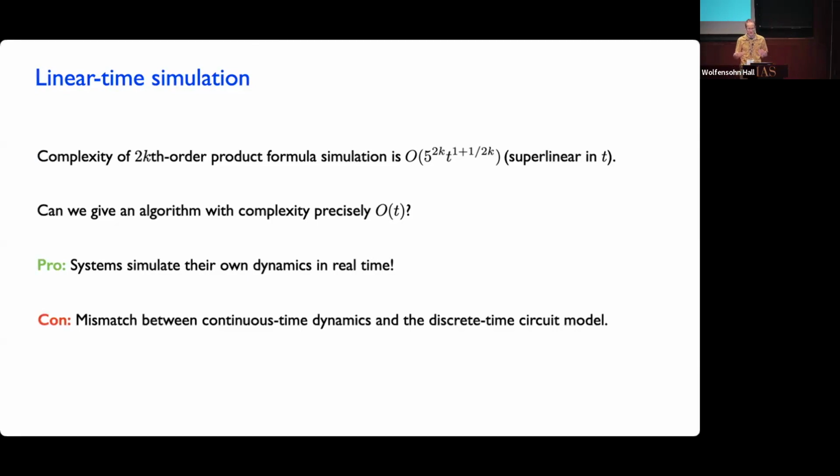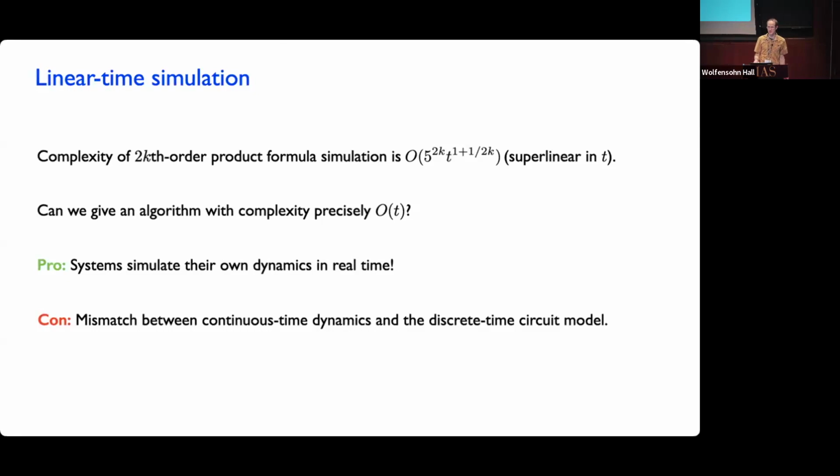The Hamiltonian simulation is happening in continuous time, but we're trying to simulate in this discrete time circuit model, and we have to write down some sequence of gates that implements the evolution. And maybe this mismatch leads to some slight overhead, and we just have to live with it. So it turns out we don't have to live with it.